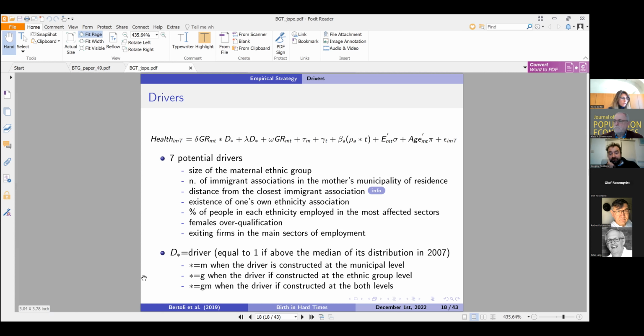And then we also look at some characteristics of the job market. We look at the overqualification of immigrant females, or the involvement of the mother's ethnic group in the most affected sectors at the national level, so construction and manufacturing. But we also reconstruct which were the specific sectors most affected within each municipality, so we also check for the involvement at the municipality level.